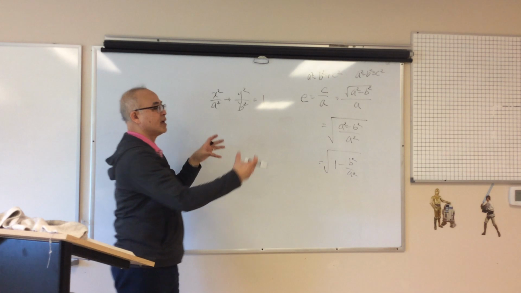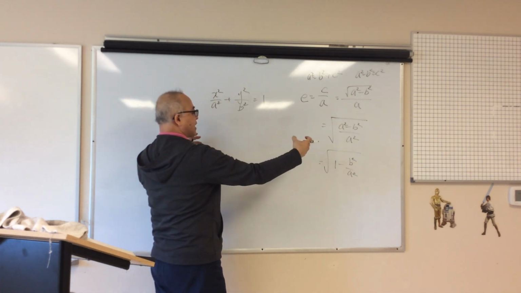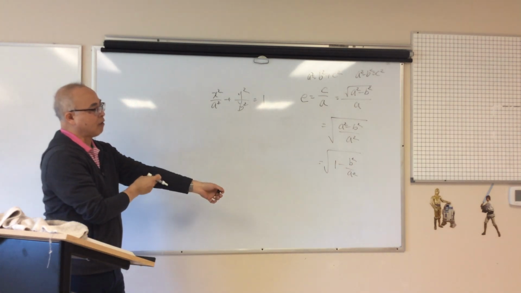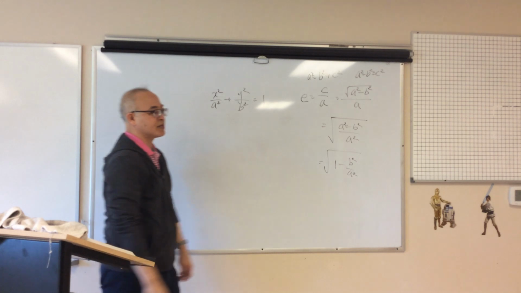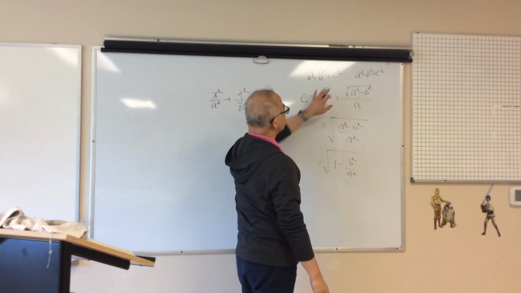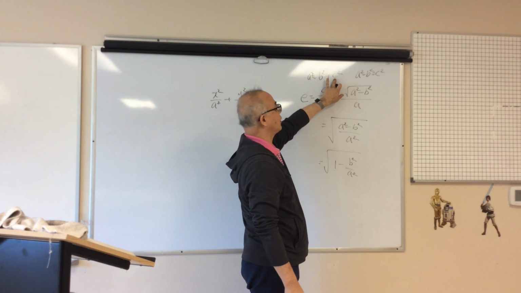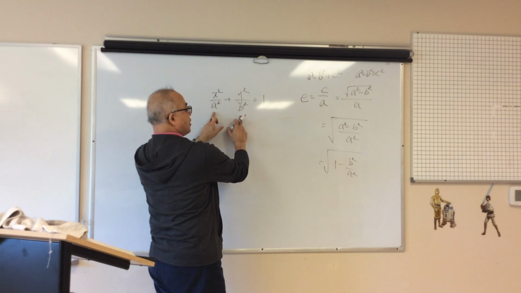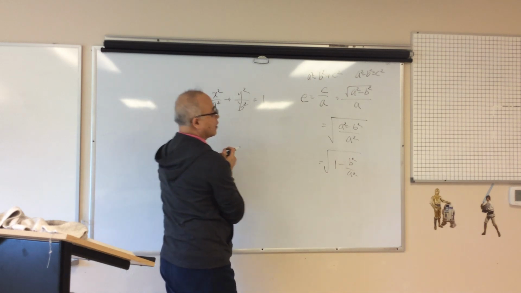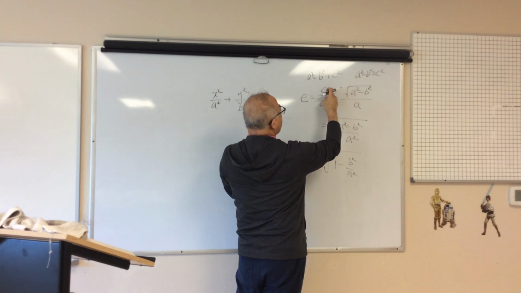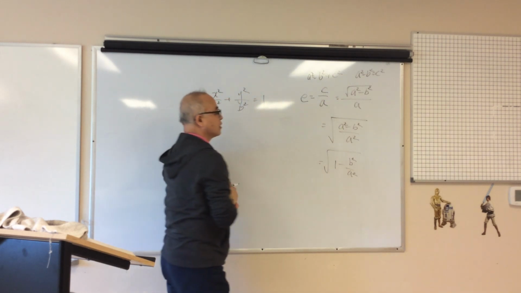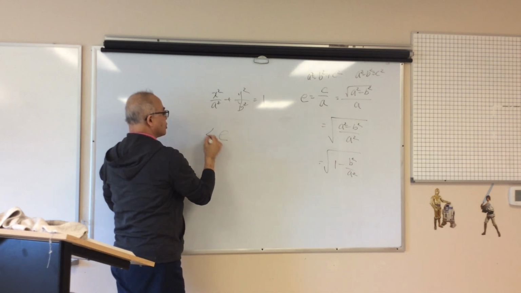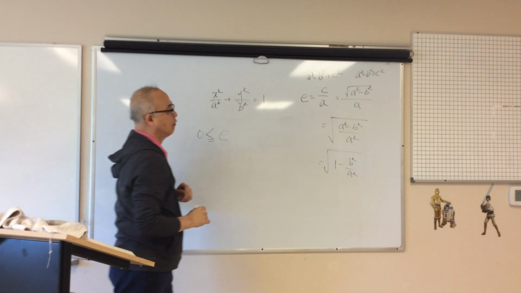Eccentricity basically means: is the ellipse really flat, or is it closer to a circle? If it was closer to a circle, that means that c would be really small. In other words, a squared and b squared would be fairly close to each other, making it closer to a circle. So if c gets really small, e becomes closer to 0.